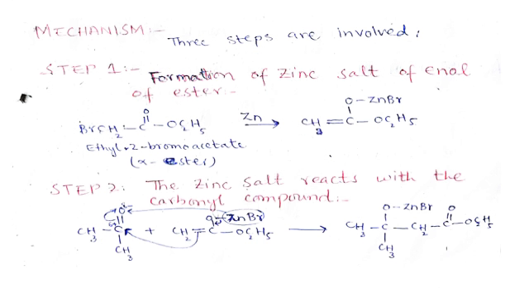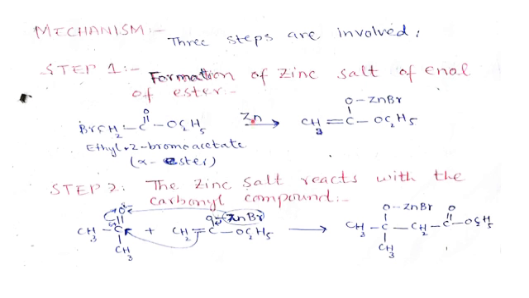The mechanism involves the following steps. In step 1, the zinc salt of the enol ester is formed. This is the alpha bromo ester molecule, and when it is treated with zinc metal, which by nature is an electrophile, it will show attraction towards the electrons.